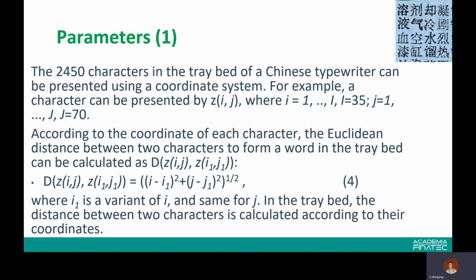According to the coordinates of each character, the distance between two characters to form a word in the treatbed can be calculated. The distance between two characters Z(I, J) and Z(I1, J1) equals the equation by the Euclidean distance.